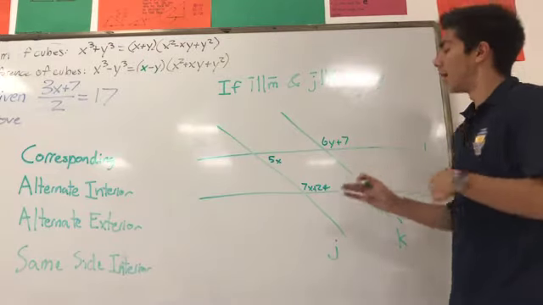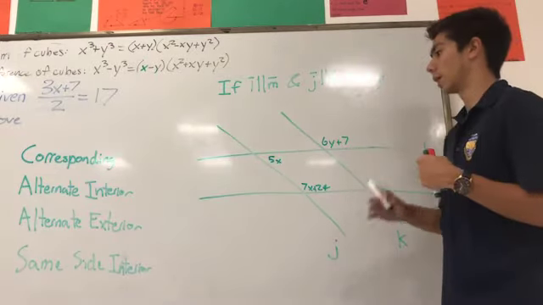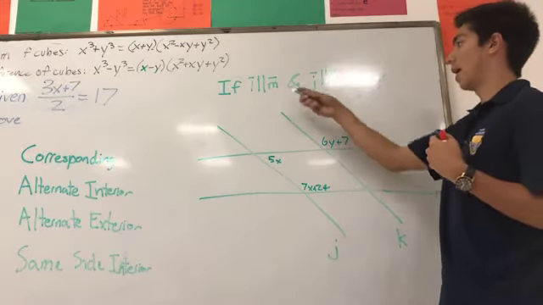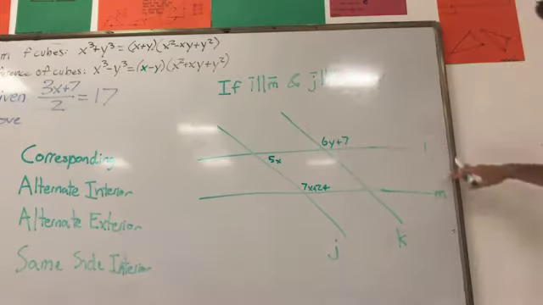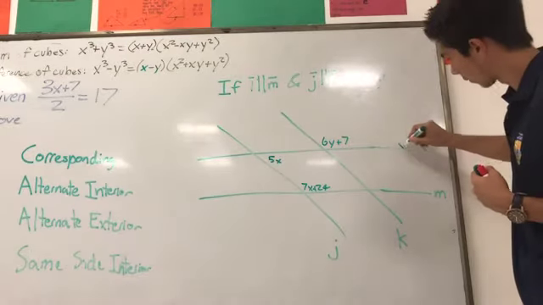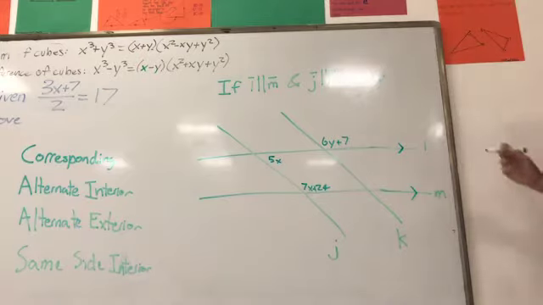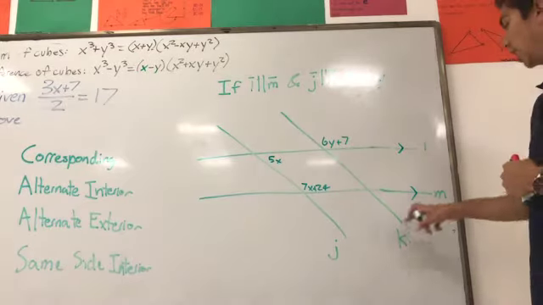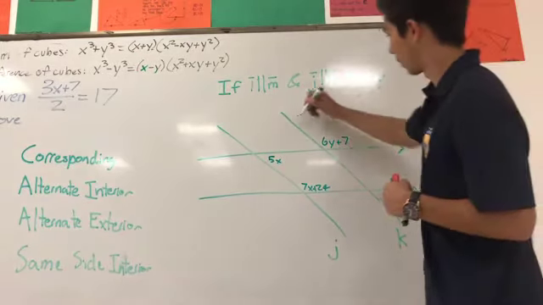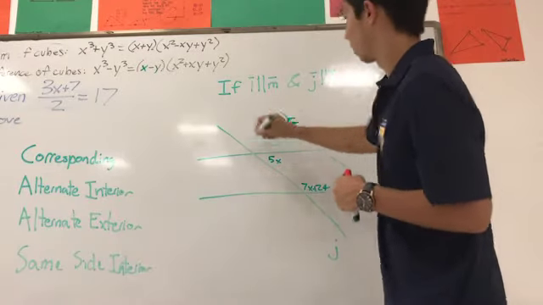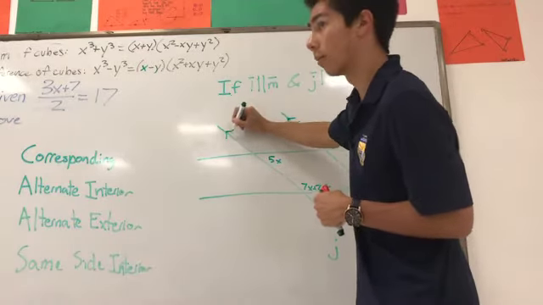It's a Friday. This is a problem, again, on parallel lines. We're given the situation where L is parallel to M, so I want to mark that on my graph. If L and M are parallel, and lines J and K are parallel, I'm going to mark these as parallel, but I'm going to use 2 marks here because I don't want to say that they're all parallel to each other.